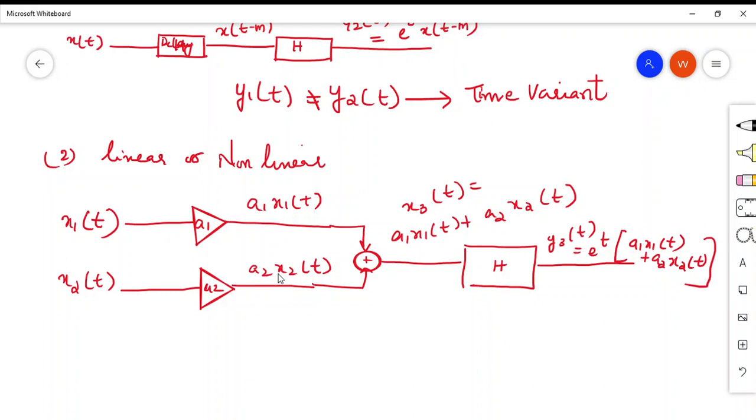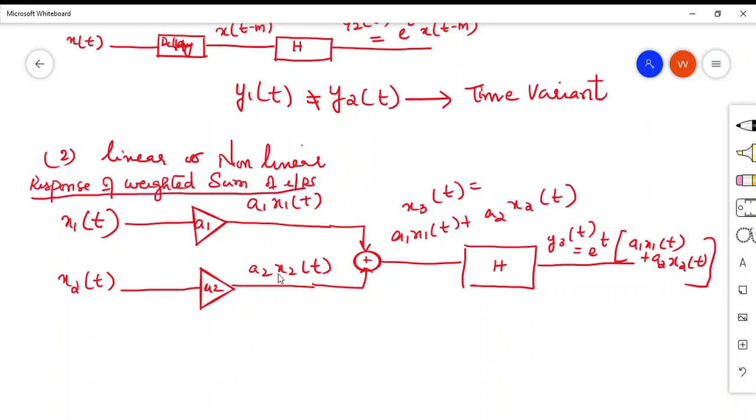Now this is the response of the weighted sum of inputs.